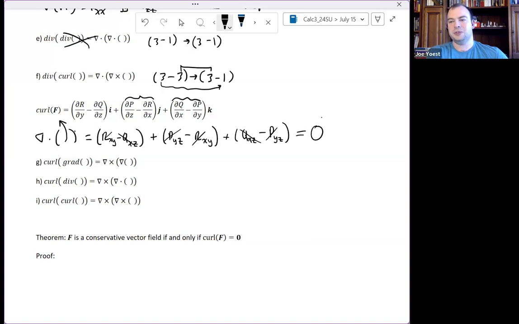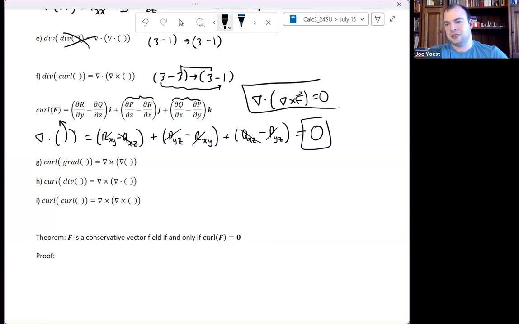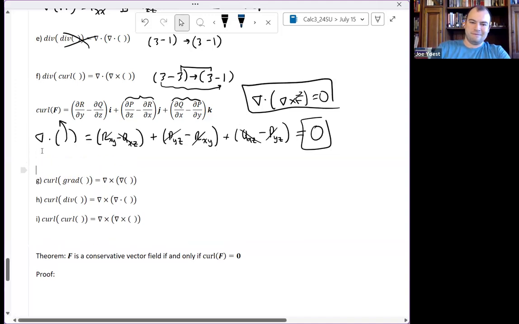This always equals the scalar 0. The divergence of the curl is just the number 0, so long as our functions are nice enough that we can flip the derivatives around. So this makes sense to do, but it just always gives us a 0.